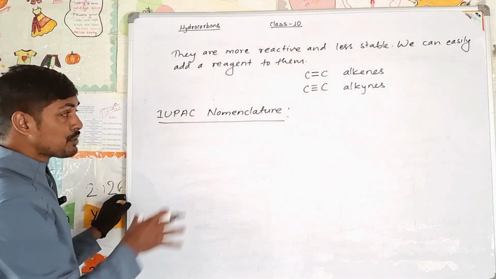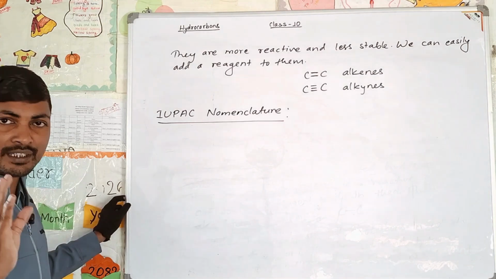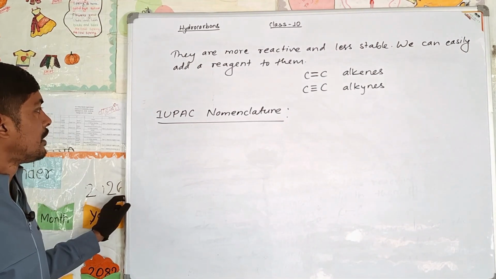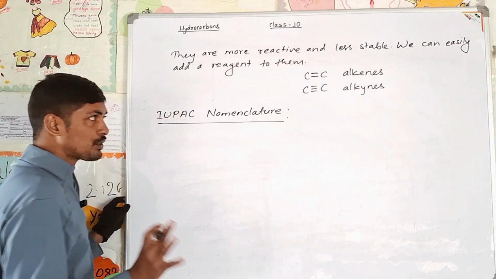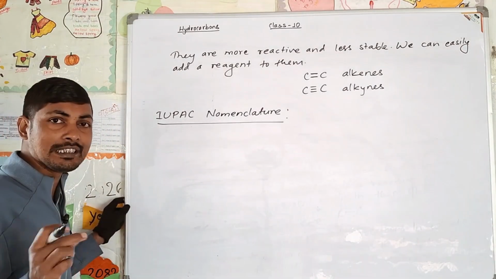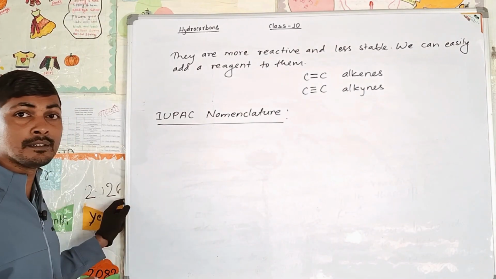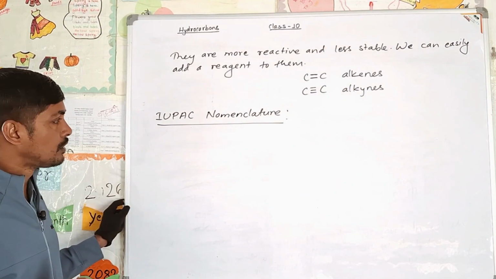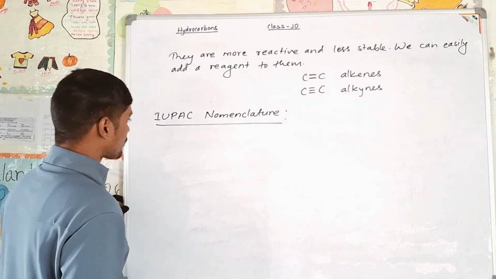This is an organization which gives the names of different chemical species, and it has a certain system of nomenclature for hydrocarbons. How do we give a name to any hydrocarbon? Here we have a certain system or rule. So what is that rule? Let's try to understand.